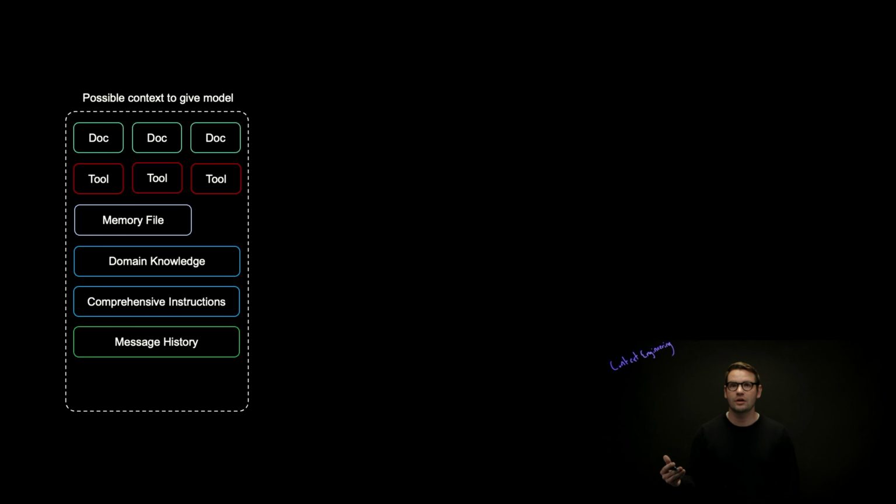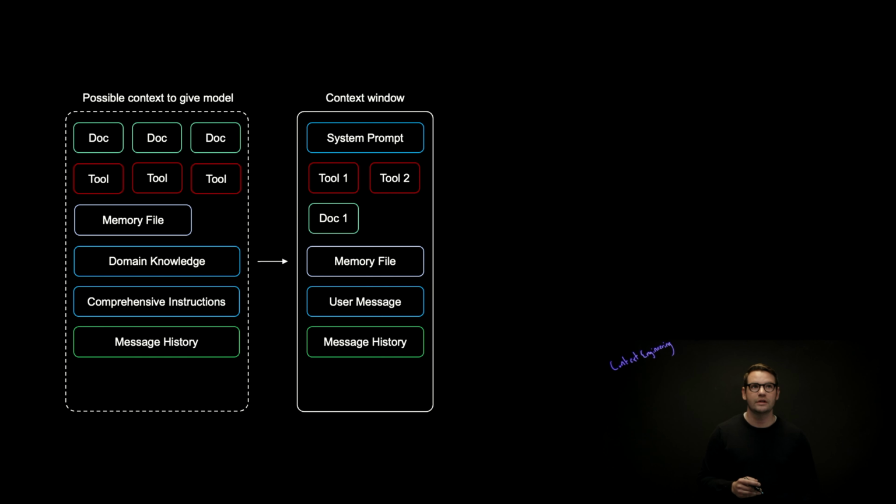So we have reference documents, we have tools, we have a memory file, we can encode domain knowledge from different teams and departments, create comprehensive instructions or rules for the large language model and agent to follow, and then carry through message history. In this case, we'll pull through in the actual context window a particular preset system prompt.